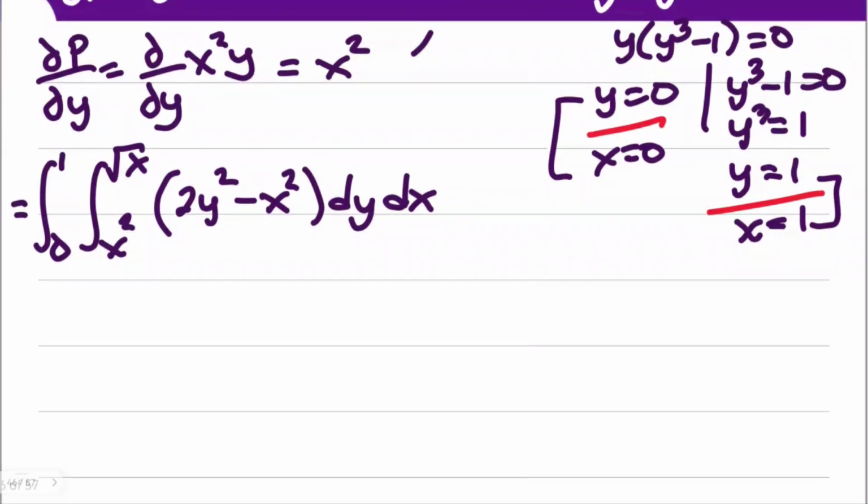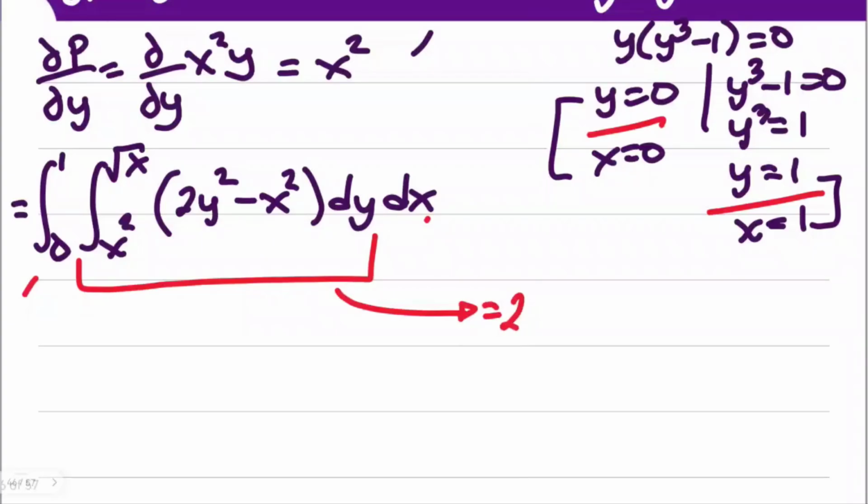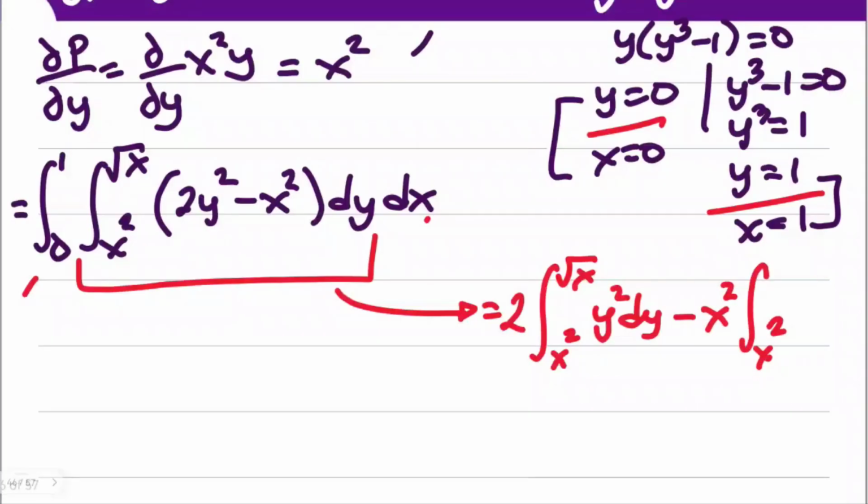Okay, so let's start with this integral. Allow me to place that here. So we will treat this later as the outer integral. So for this, treat with respect to y, so the x squared here and 2 would be constants. So by linearity property, you will have 2 times the integral from x squared to square root of x of your y squared dy, minus, again, x squared is a constant because it doesn't have any y, x squared times the integral from x squared to square root of x of your dy.